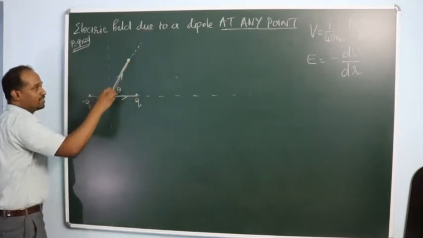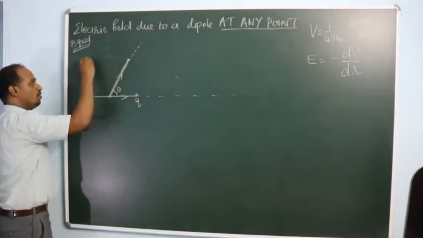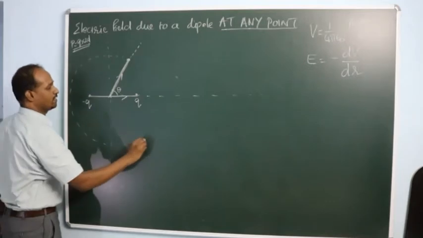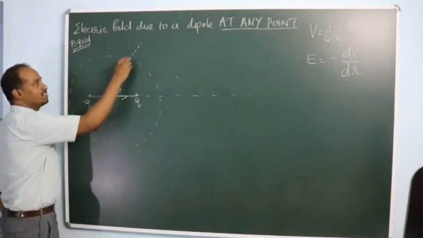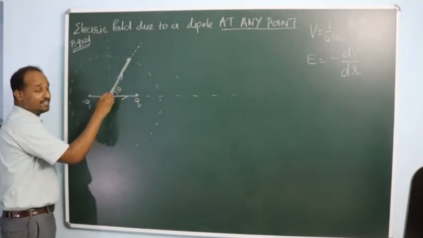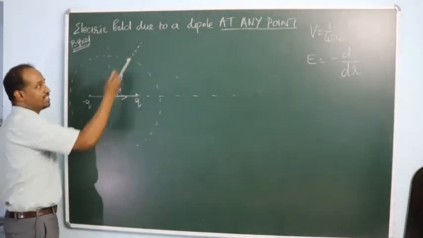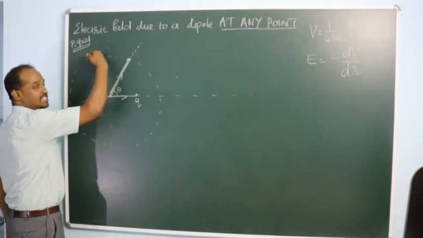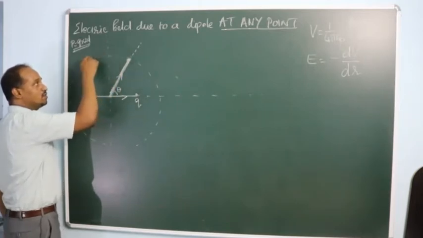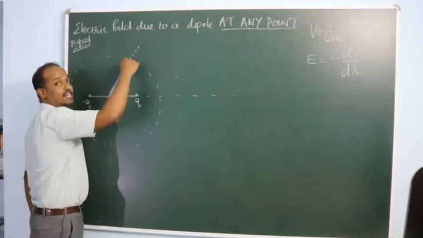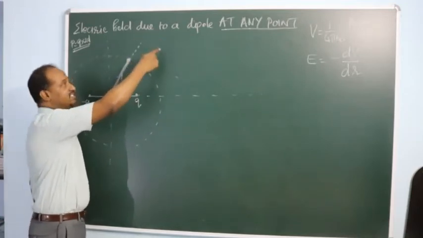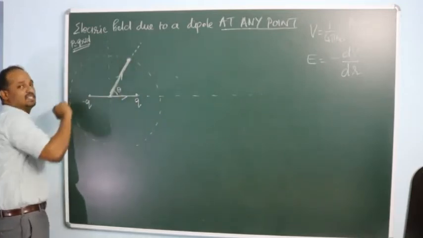Suppose, keeping this as the radius, you move along the circular track like this, only the angle theta changes, but the length r does not change, whereas the position changes. So along this also the distance changes, but r does not change. Along this, the radial distance changes. Here the angular displacement is taking place.